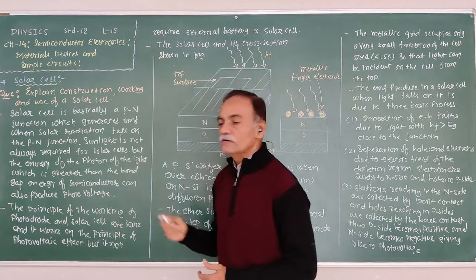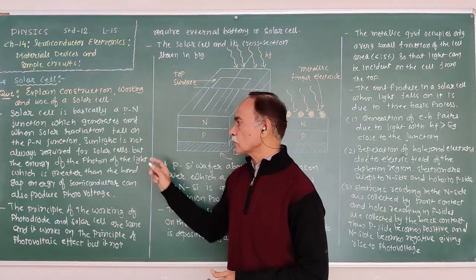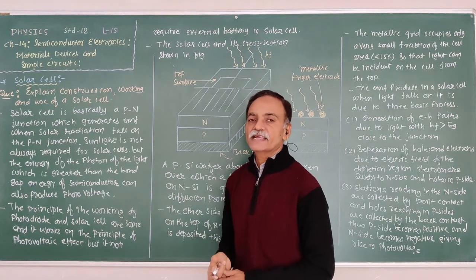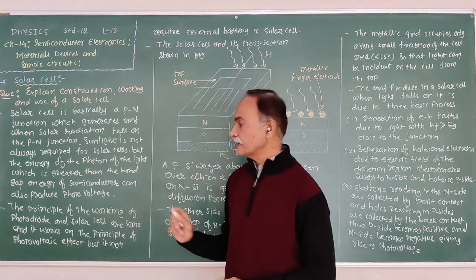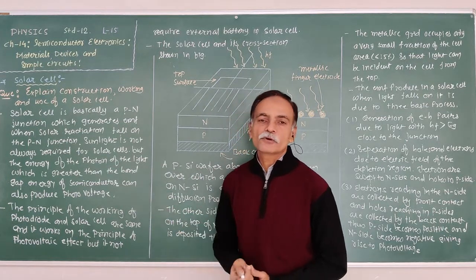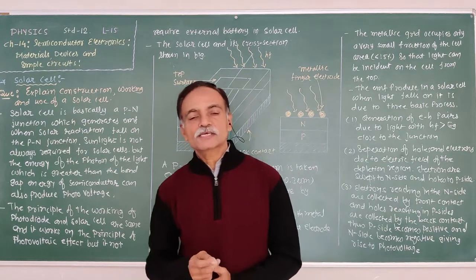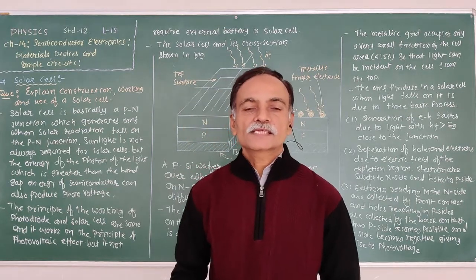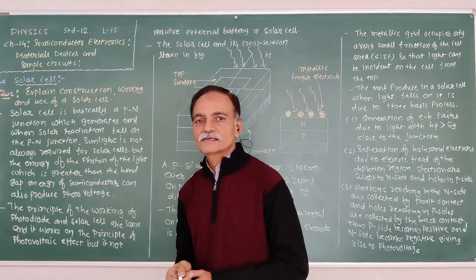Sunlight is not always required for a solar cell, but light whose photon energy is greater than the band gap energy Eg of the semiconductor can also produce the EMF. So do we believe that sunlight is always required in a solar cell? No, there is no reason.